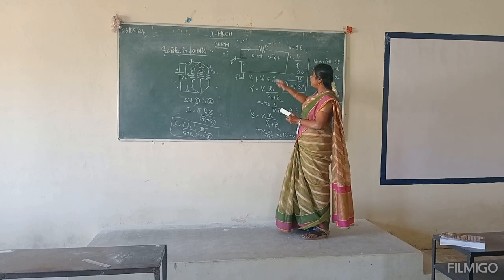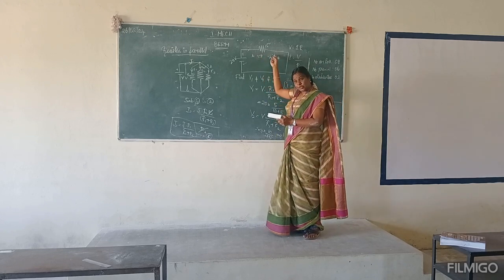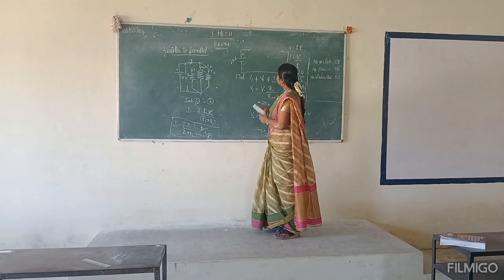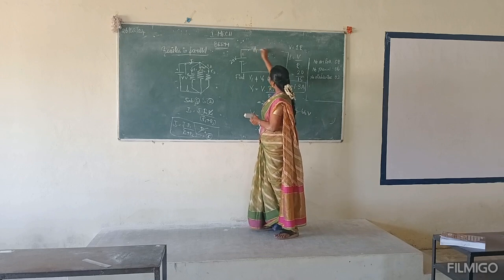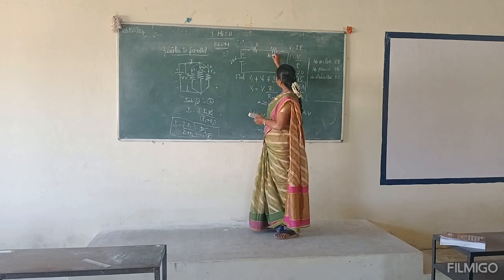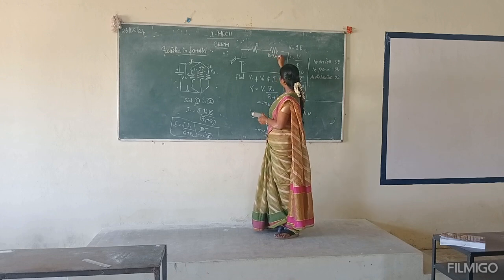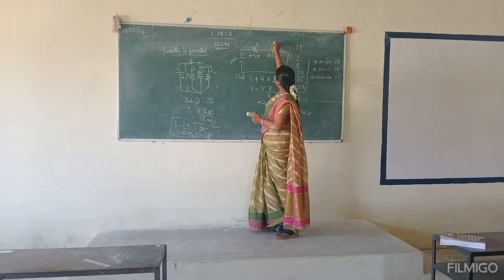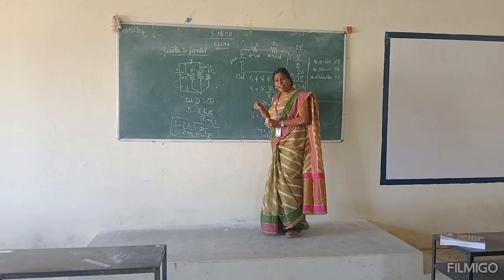Sometimes they will give you only R1 and ask you to find R2, right? Whatever the question may be, you should use only one formula. If I have R1 as 5, the voltage drop here is 13.3, V1, then R2. Now what are the unknown values?